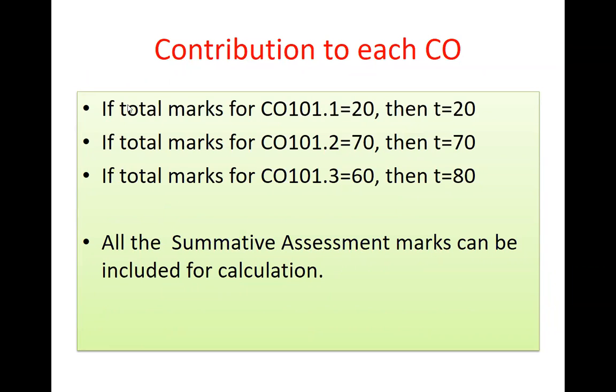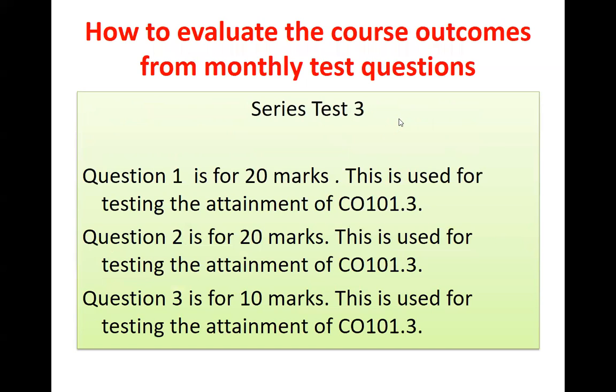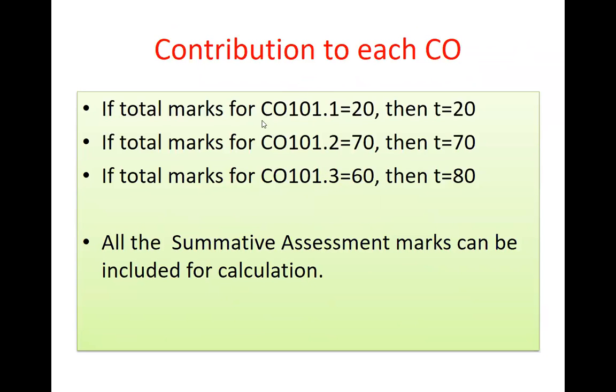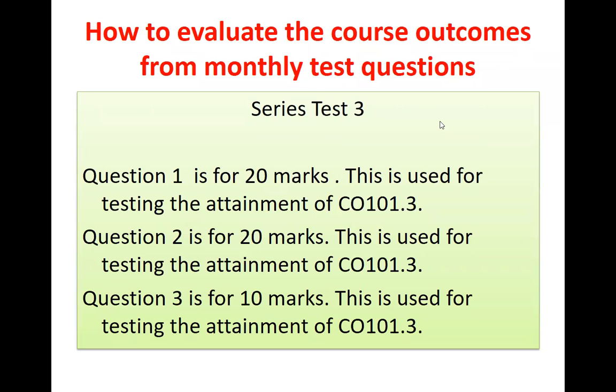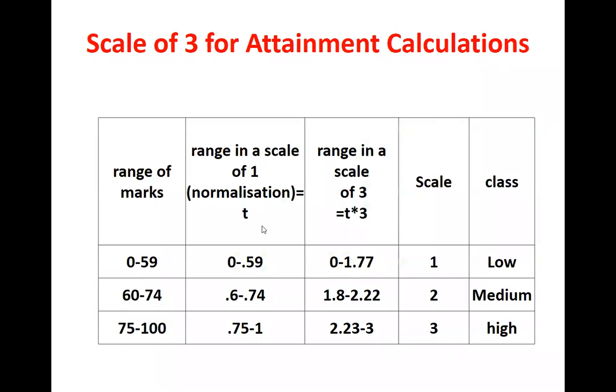So if I consider all the 3 series tests, for course outcome 1, I have got 20 marks for checking course outcome 1 in series test 1. So if the total marks for course outcome 1 is 20, then I have a factor of T here.